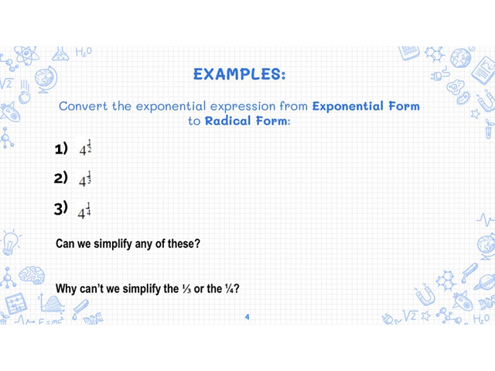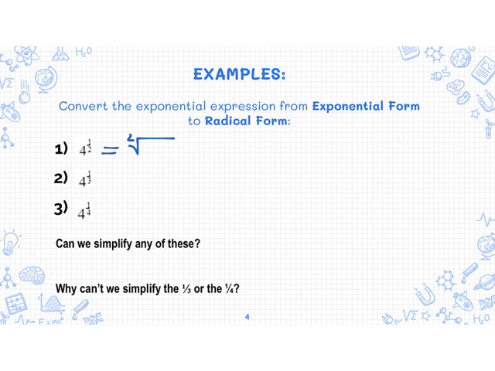Okay, so again in your guided notes we have some examples, and you'll see that you'll have some practice problems as well. So in this case we're going to practice converting exponential expressions from our exponential form to our radical form. So for here we see that we have 4 to the 1/2. Well, remember that 2 is the index, so I'm going to write whatever the radical is. We have an invisible 2 here.